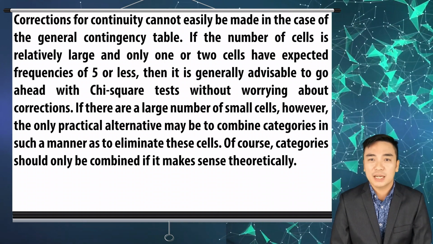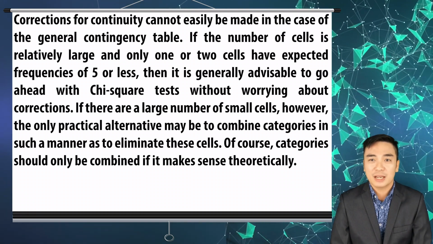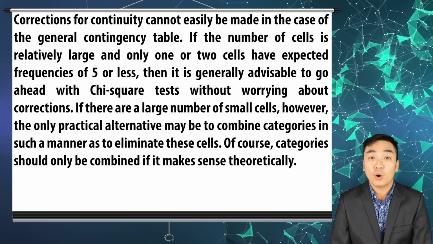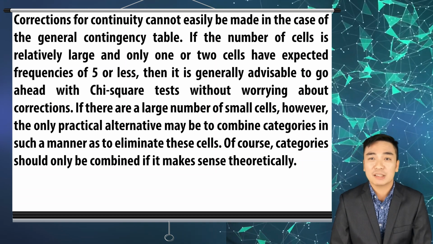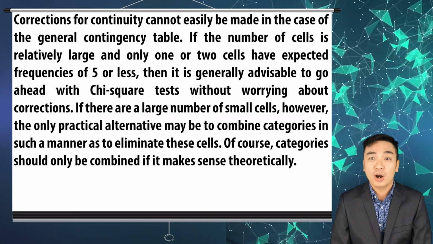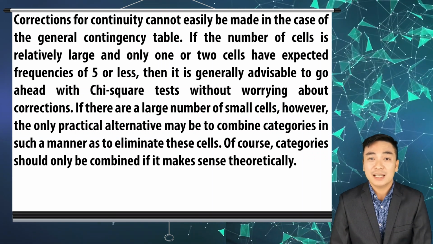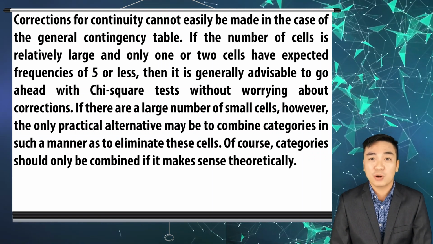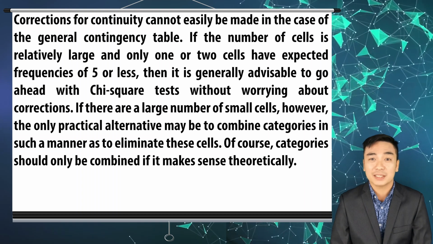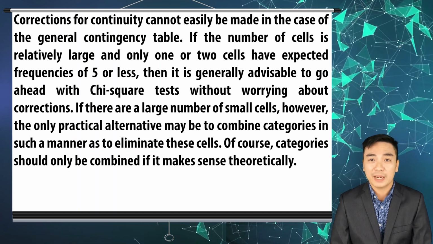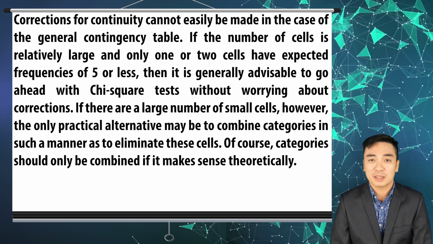If the number of cells is relatively large and only one or two cells have expected frequencies of 5 or less, then it is generally advisable to go ahead with the chi-square test without worrying about corrections.